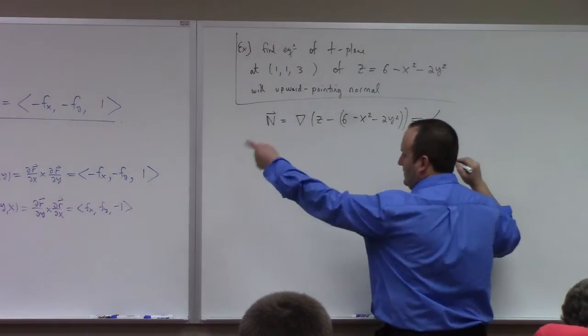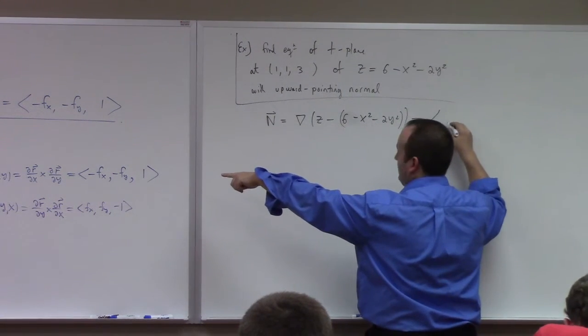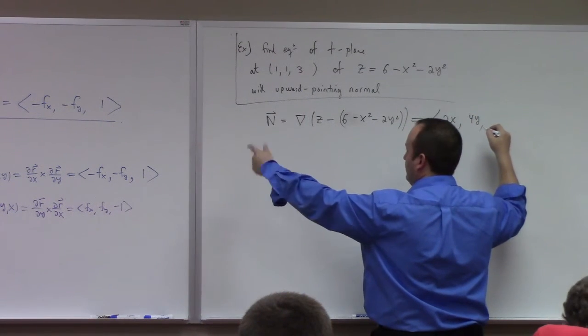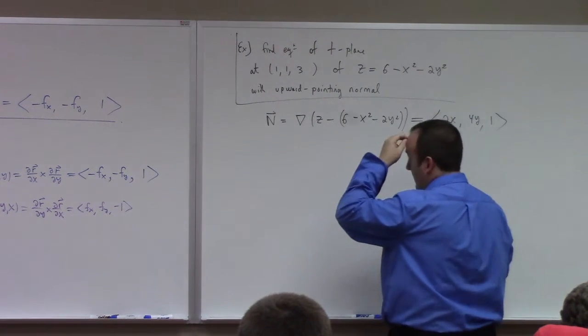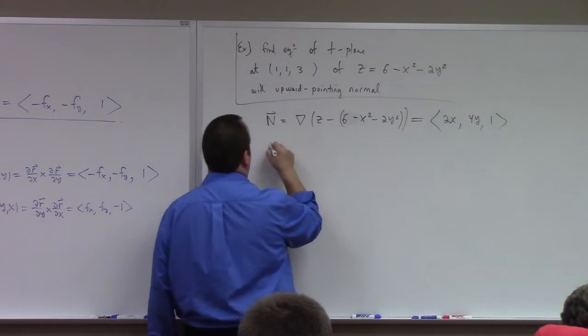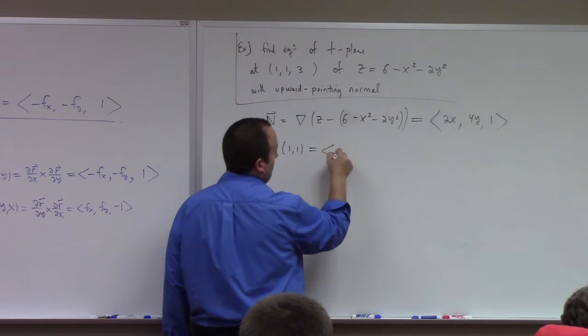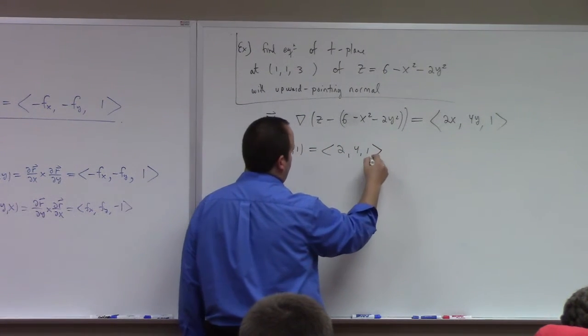I could just use the previous example if I wanted. What do I get? I get 2x, 4y, 1. So the normal at the point 1, 1 is 2, 4, 1.